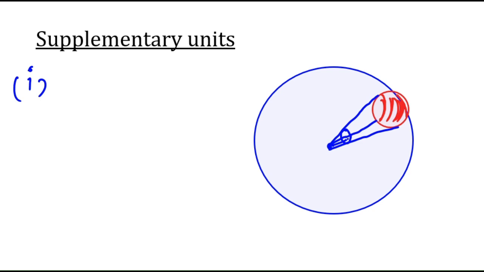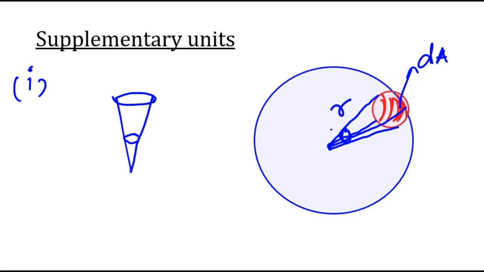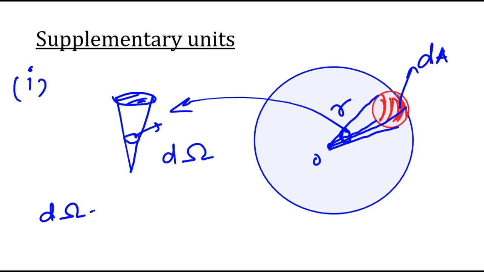It should be taken care of that it is not a plane angle. Rather, it is like a cone. For example, this is the angle there. So this angle is the solid angle. And if this area is dA and the radius is again r, then if we represent this angle by d omega, we have d omega equals dA by r square. And this we represent in terms of steradian.